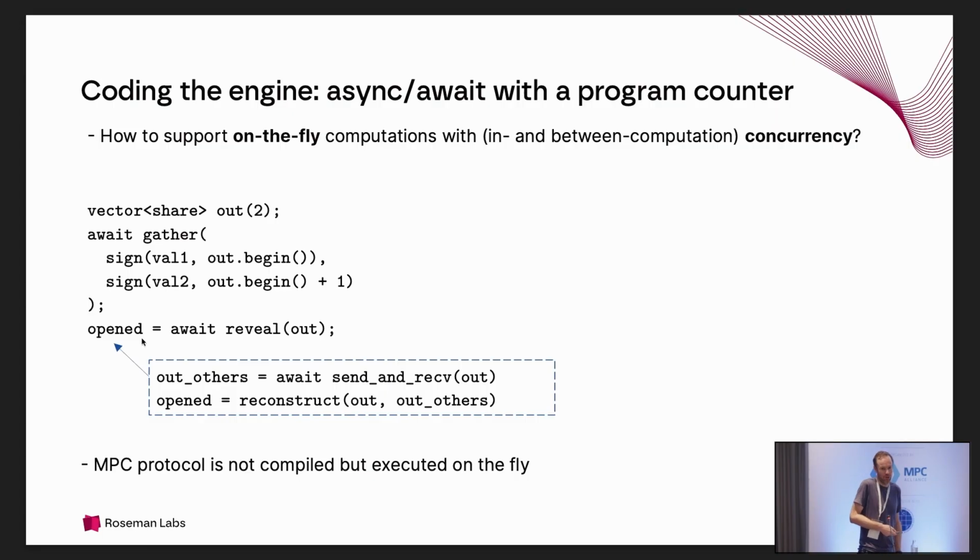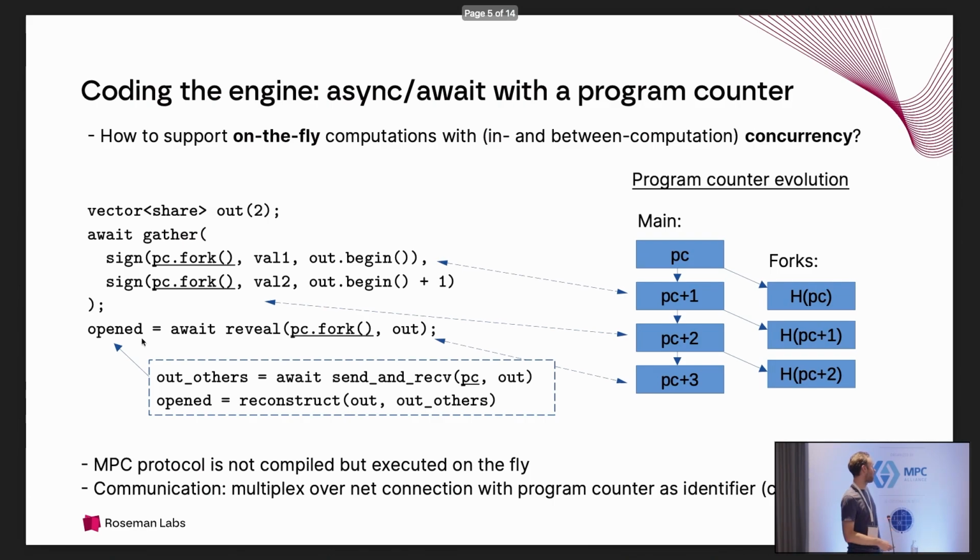For that, there's a very old idea that has already been used, for instance, in MPC or even VIFF, the very, very old multi-party computation frameworks. And that is to use a program counter. The idea is that even though the operations happen in an undefined way, I keep track of a program counter that provides me a well-defined order of messages.